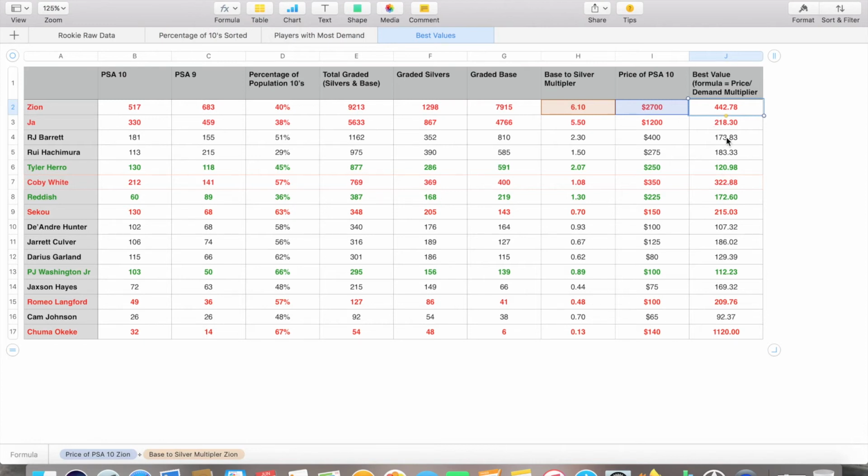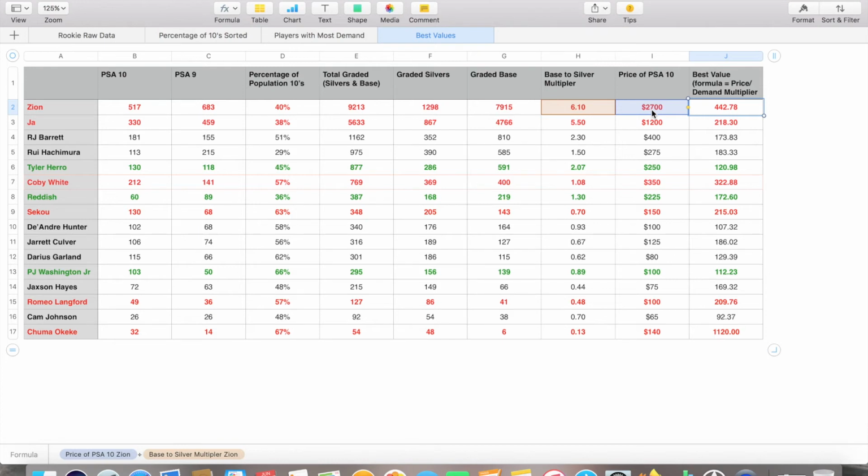And on the contrary, the lower the number, the more of a value you can see, or the more of a discount those cards are getting compared to their demand. So I did the whole column of price of their latest PSA 10s. We can see that Zion's are way up there, almost a $3,000 PSA 10.